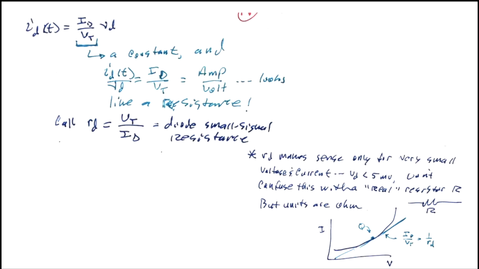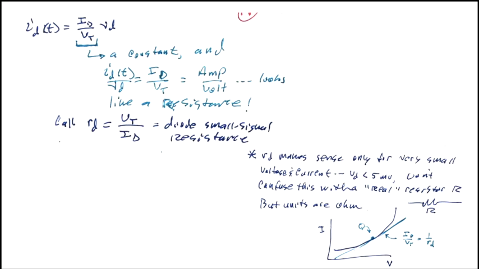Resistance is volts per amp. So this is like the inverse of a resistance. And we could say that there's a resistance here, which is the thermal voltage V_T divided by the DC current running through that diode, r_d. We call it r_d, a little r, little d. So that's a small signal resistance is what that is.